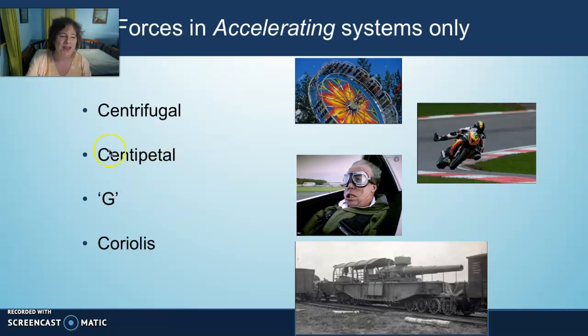That's centripetal. G-forces are what you feel when your flight takes off and you're pulled back in the seat a bit. That's not a centrifugal force. A centrifugal force is a centered roundabout force around the center. A G-force just pulls you back.